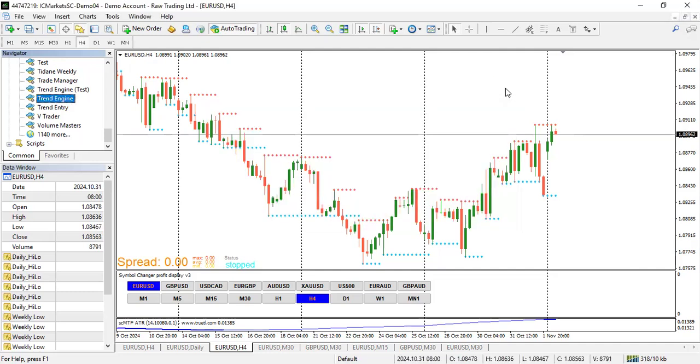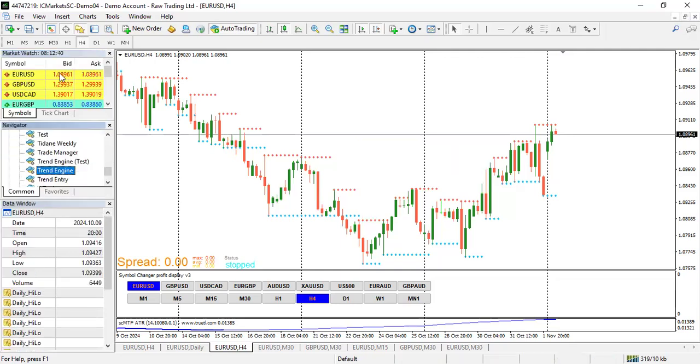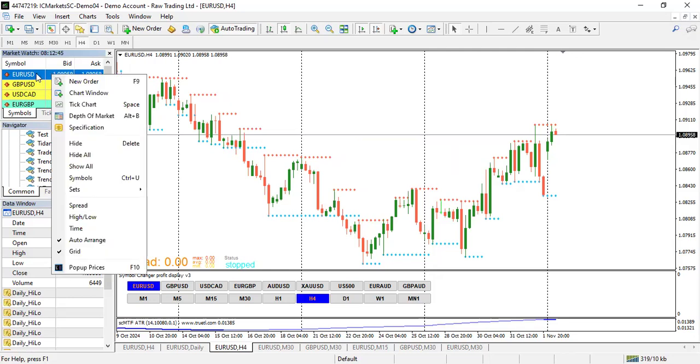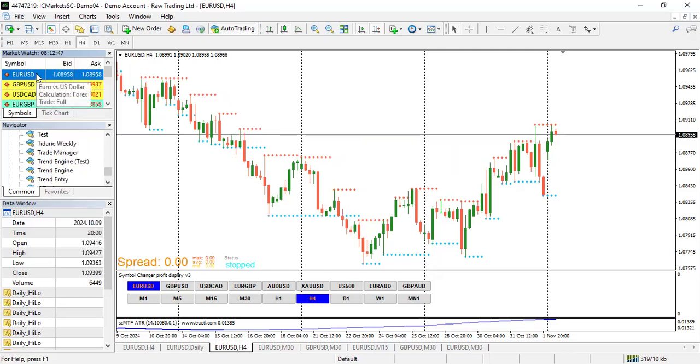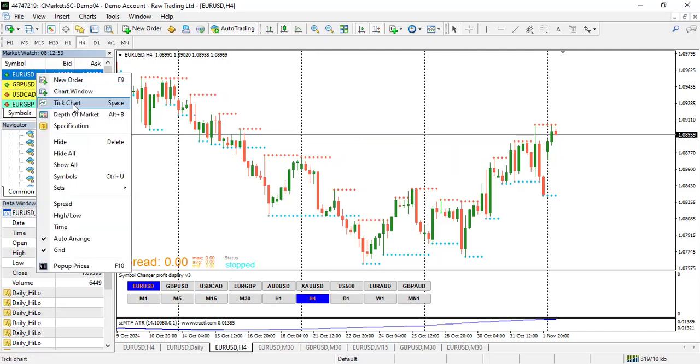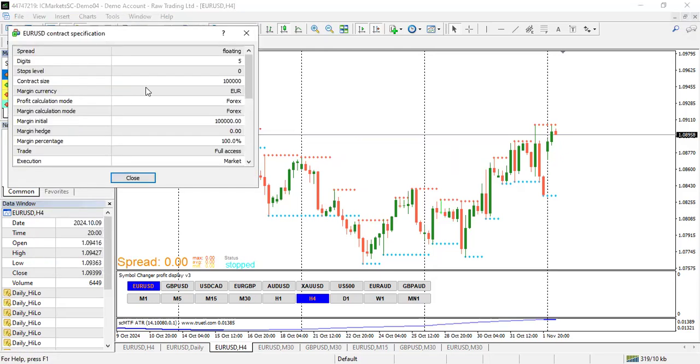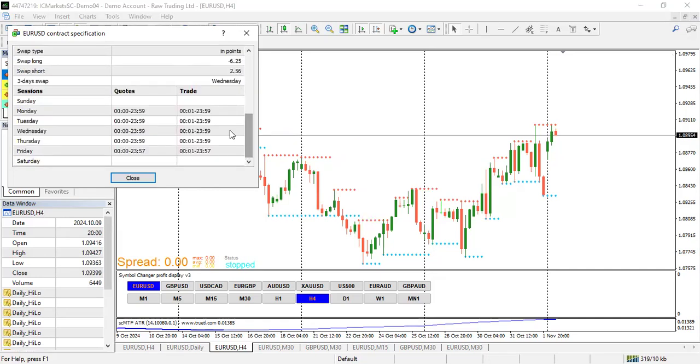All right. So when you go to your Market Watch, let's assume we want to use EU. You need to right click. If you don't know how to open your Market Watch, it's basically Control M. Right click on EU and you will see Specification. When you click on Specification, you're going to get this, and you scroll down.